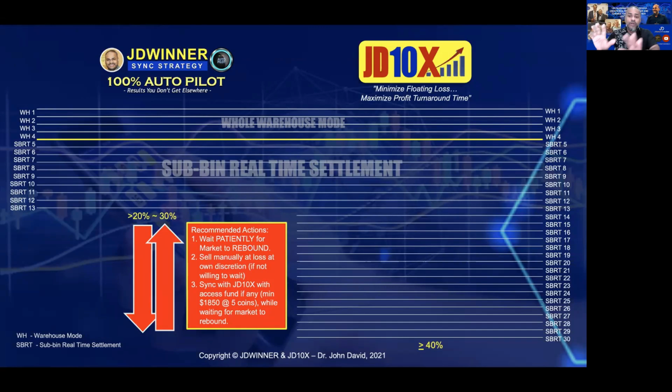If you look at JD10X, while some JD Winner are already beyond 13 margin call and they are frustrated, JD10X is still sustaining, because we have all the way to 40%. Some of them are probably at margin call 22, at margin call 28, and so on, but they are still making profit, because at every sub-bin mode, when that sub-bin mode closes, it takes the real-time profit.